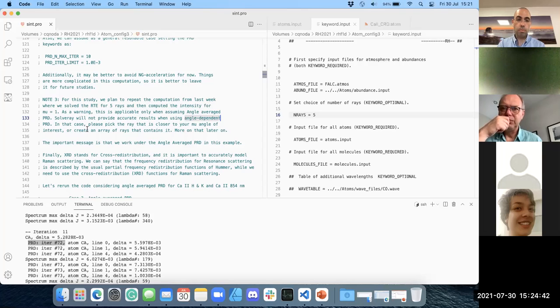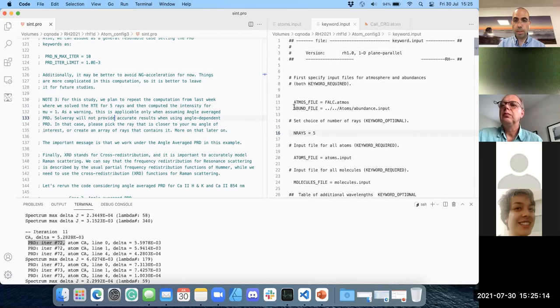If you want to know a bit more about how you can compute a specific angle with angle dependent, I can give you as advice to play a bit with the number of rays. We will see later what 5 rays means. From there, you will have an idea that if you're interested in some heliocentric angle, you may add more rays until you cover that heliocentric angle. But for today's, we are going to keep it as simple as possible.